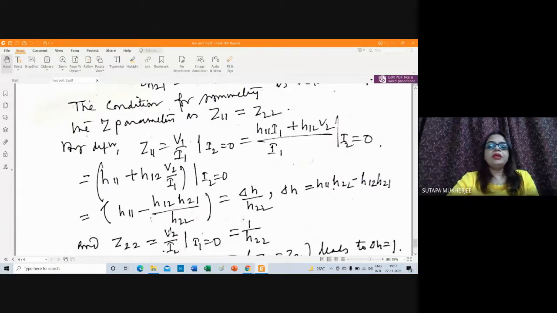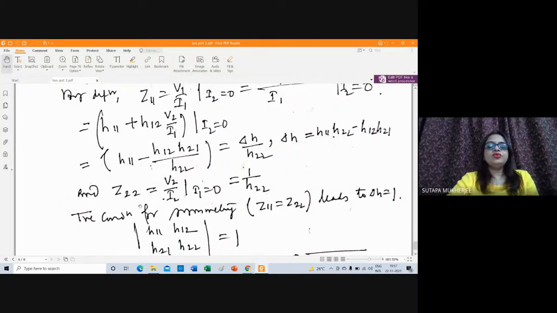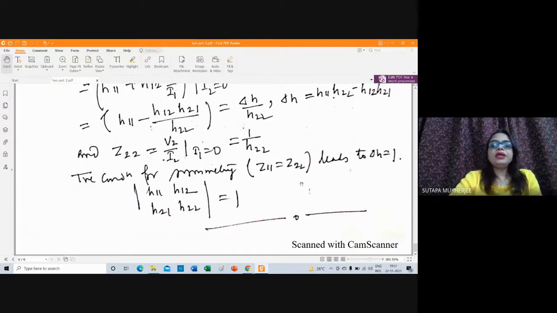Then you will get this, and delta is H11 H22 minus H12 H21. Similarly Z22 is V2 by I2, equal to 1 by H22. The condition for symmetry will be Z11 equal to Z22, where delta is equal to 1. Delta means H11 H22 minus H21 H12.